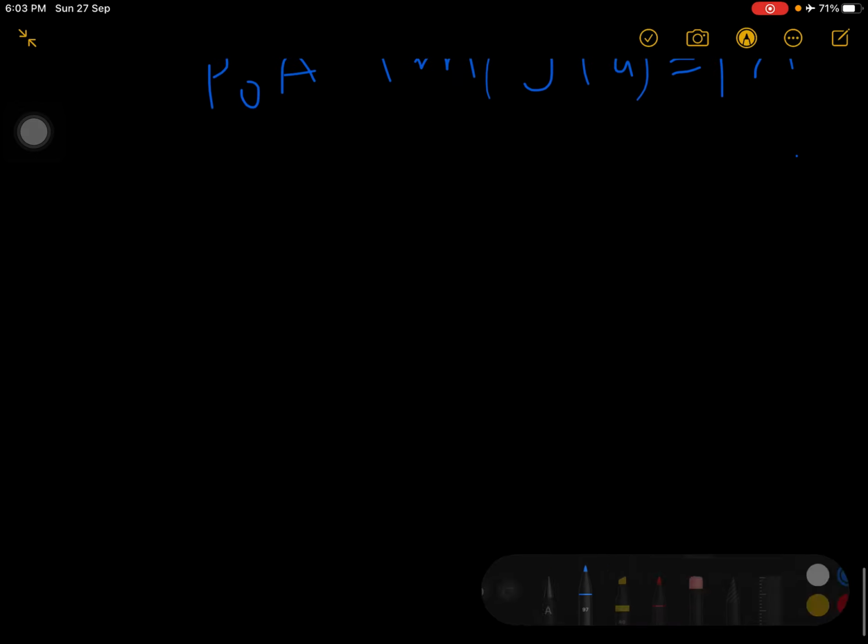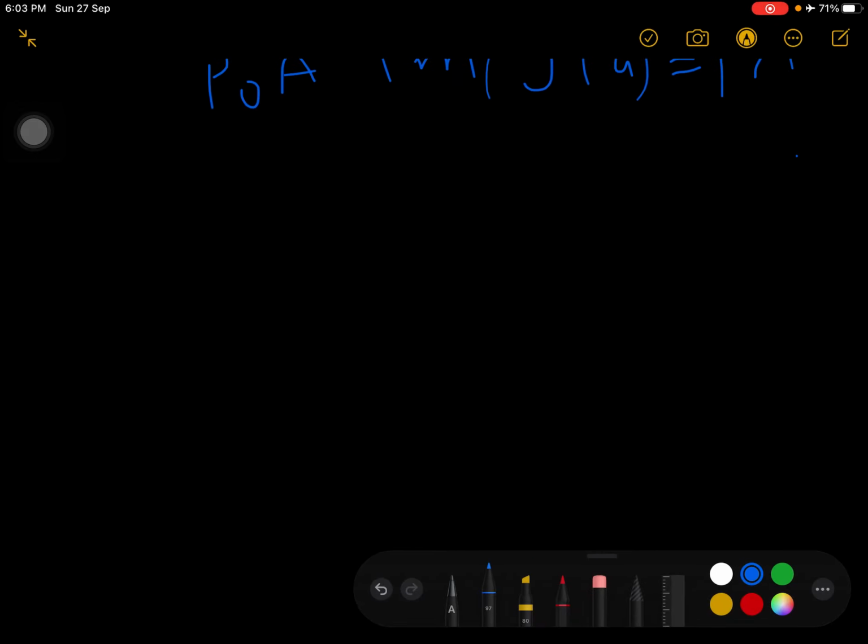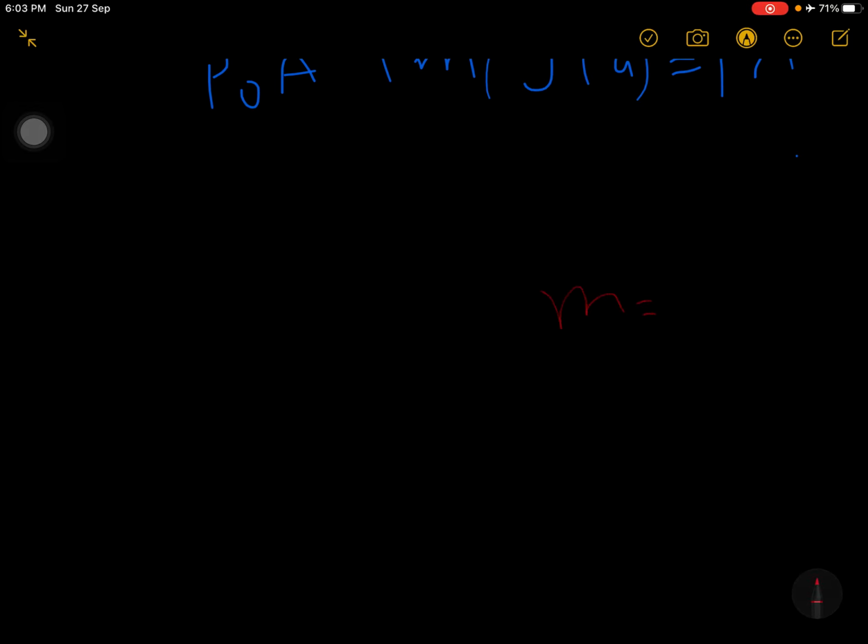We know that m is equal to rho into A into height.